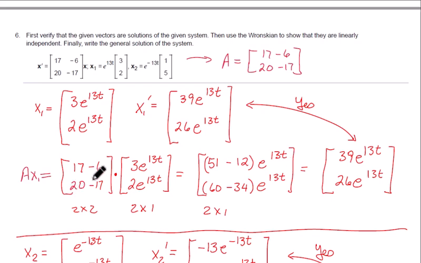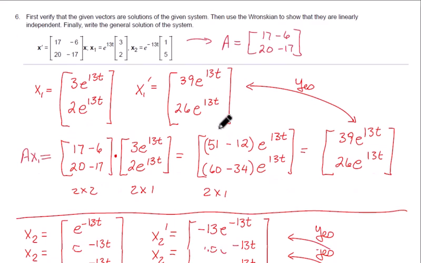Then I've got 20 times it, so 60, minus 17 times 2. And so when I simplify this, this is what I got for A x1. And yes, that does match x1 prime. So yes, it is a solution and it does work.